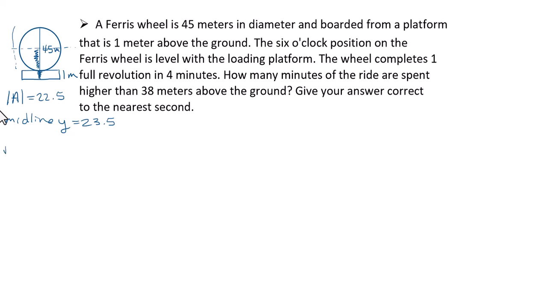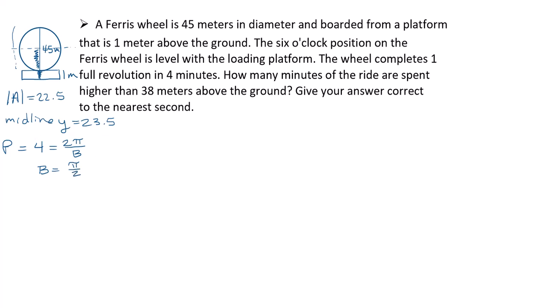Now I know that my period is 4 minutes, and we can get good information from this. Remember, your period is 2 pi over b. So if I multiply both sides by b and divide by 4, I know that b is pi over 2.